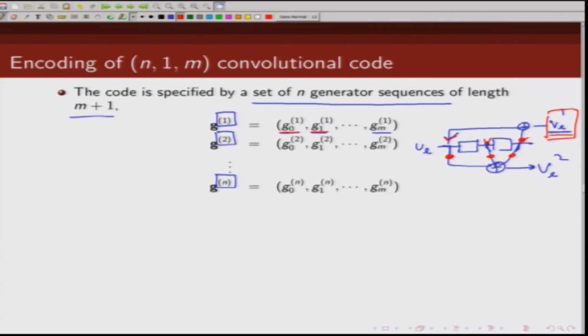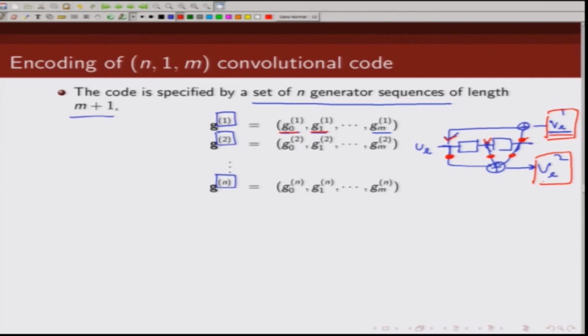Similarly, look at the second bit. Here also these m plus 1 connections will completely specify whether a particular bit or the past bits take part in the output coded bit.